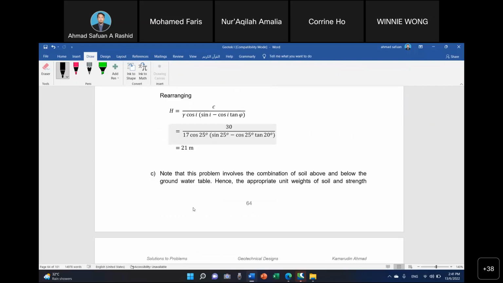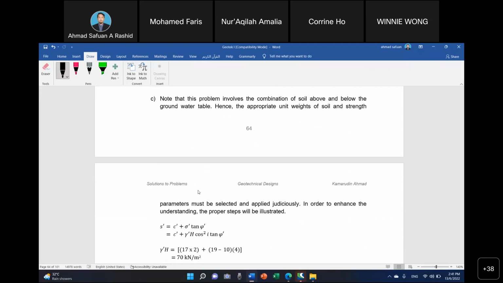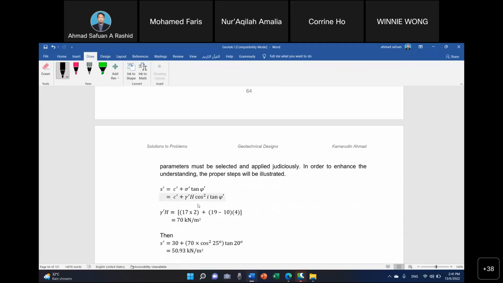So then C, note that this problem involves the combination of soil above and below the water table. Hence, the appropriate unit weight of soil and strength parameter must be selected and applied judiciously. In order to enhance the understanding, the proper step will be illustrated. So we have the S and also the tau.